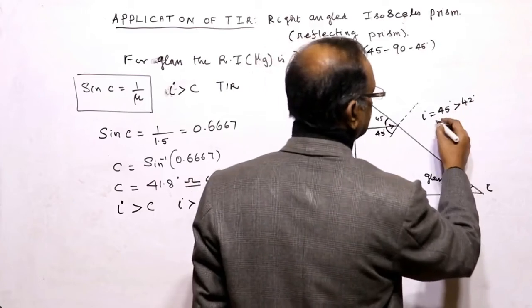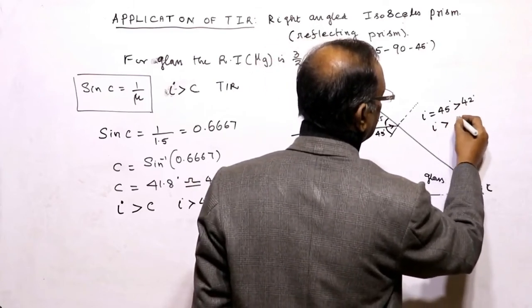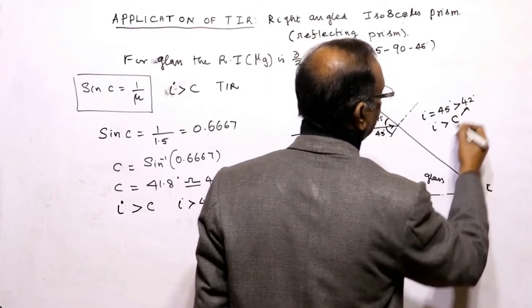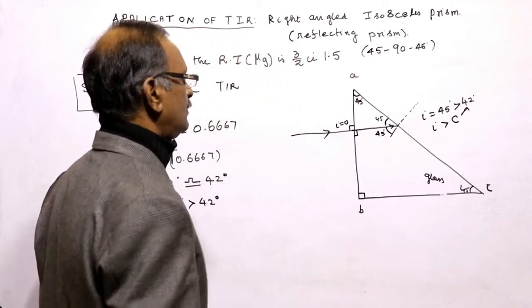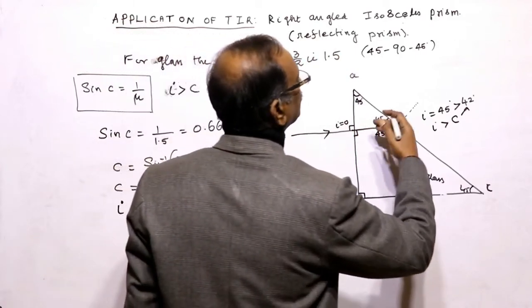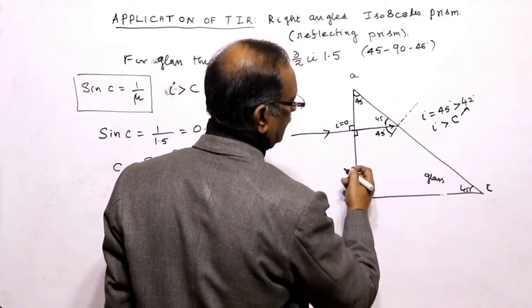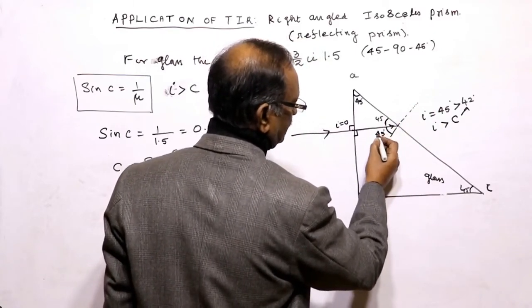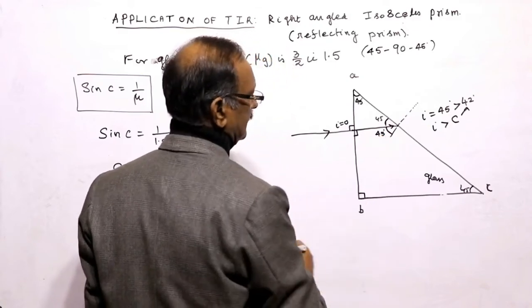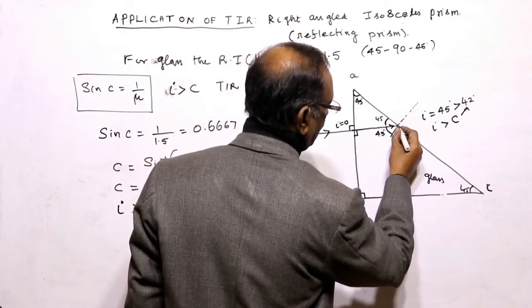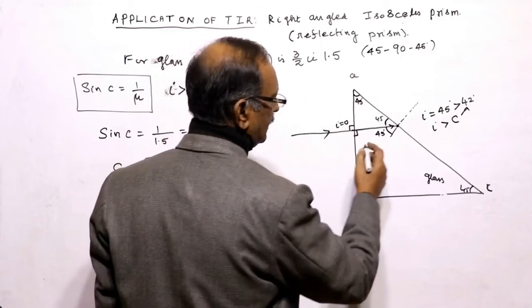The angle of incidence is greater than the critical angle. Critical angle is 42 for glass. So it will not undergo refraction and emerge out. It will be totally internally reflected, because this angle of incidence is greater than the critical angle.